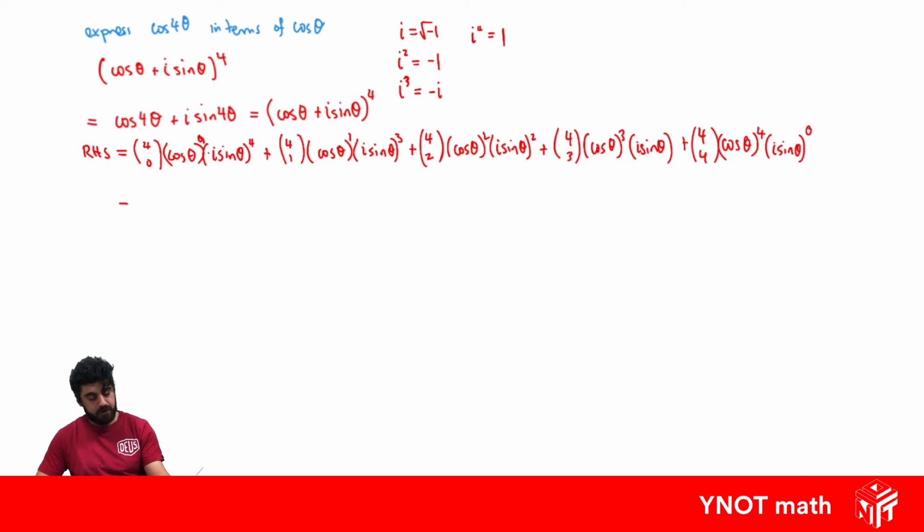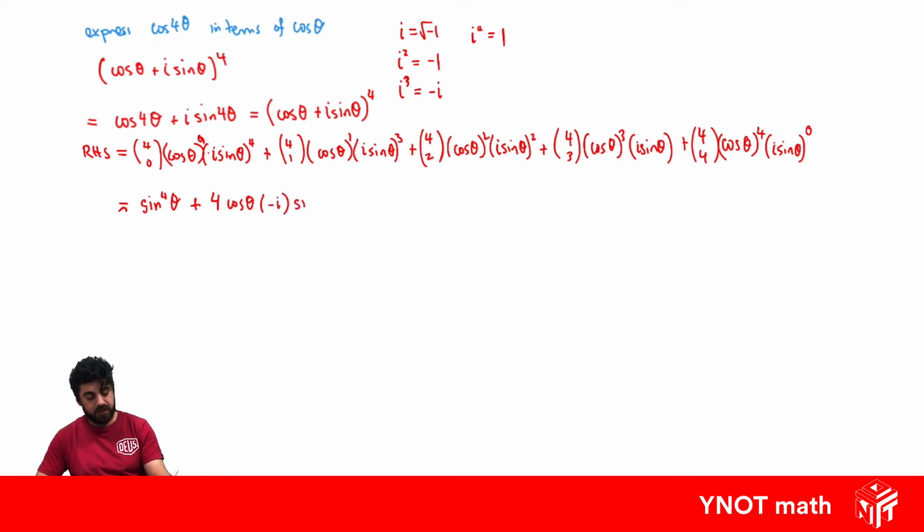So 4 choose 0 is 1. Cos theta to the 0 is 1. And then we get i to the power of 4, which we know is 1. And then we just get sine to the power of 4 theta. Plus 4 choose 1 is 4. Then we have our cos theta term. Then we have i cubed, which is minus i.